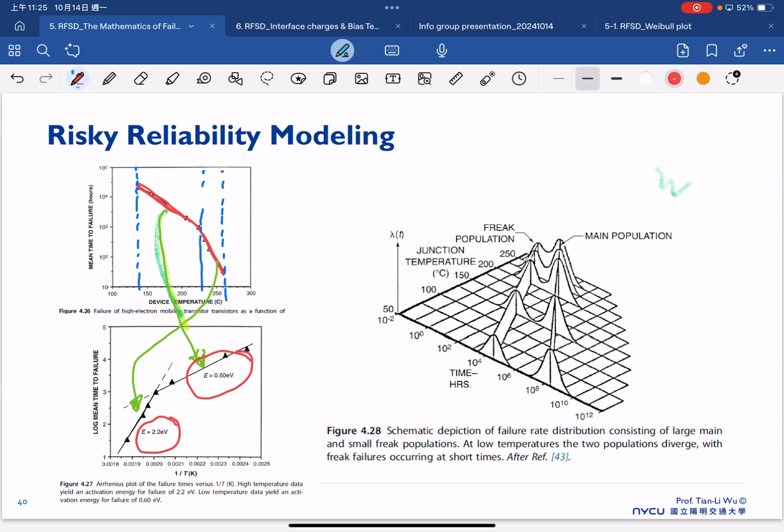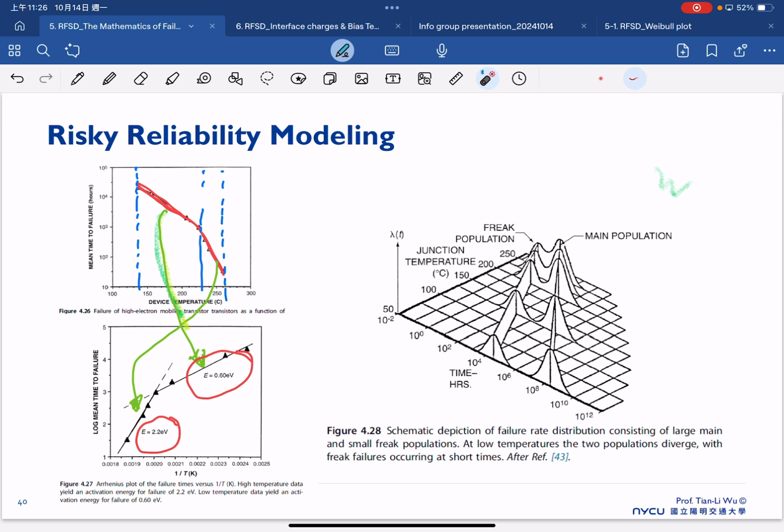So in the end, based on the Arrhenius plot, we can understand this certain device, a high electron mobility transistor, as a function of device temperature. In one temperature region, we have one mechanism, and beyond a certain temperature, we have another mechanism.